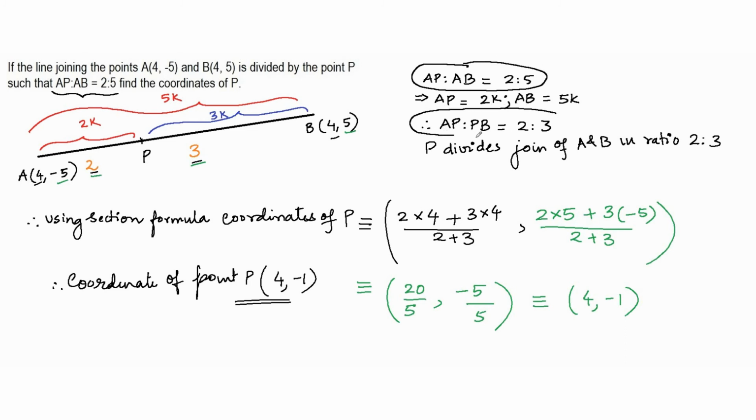That is essential because the section formula talks about the coordinates when the point P divides the line segment AB into two sections, that is AP and PB. So finding the ratio AP is to PB is essential here. Once I find that ratio, I use the section formula to find the coordinates of P. So pausing for a minute before moving on to the next one.